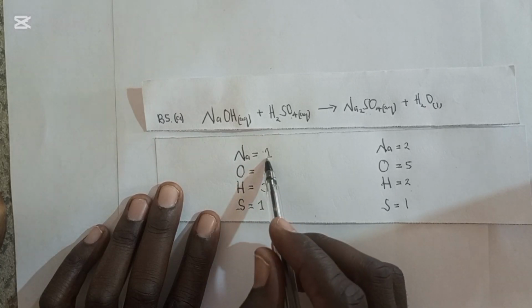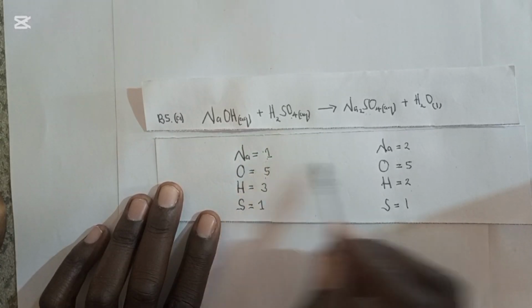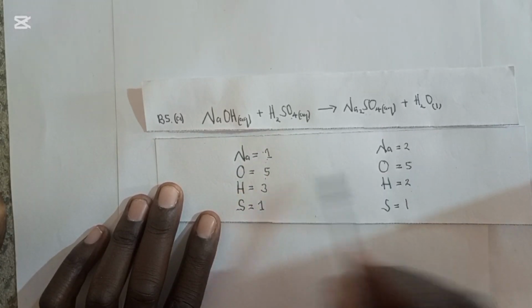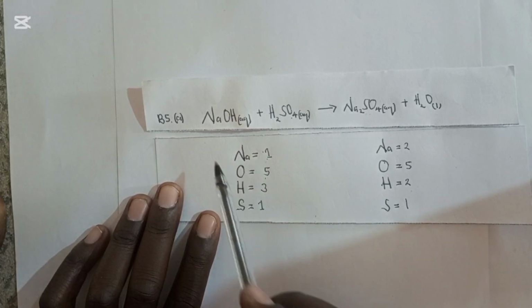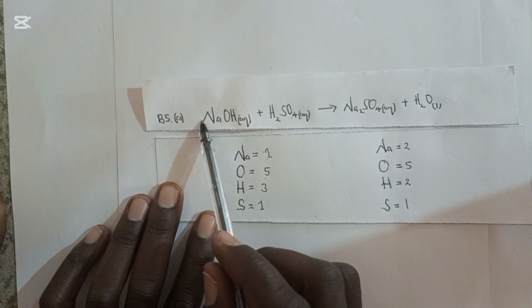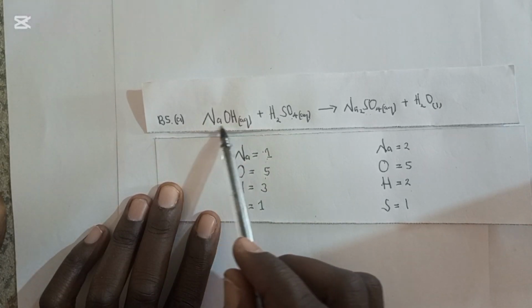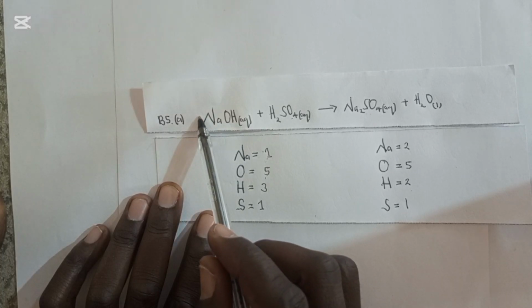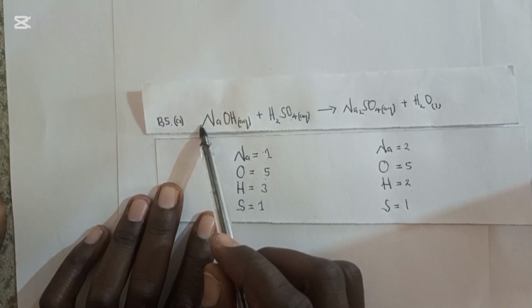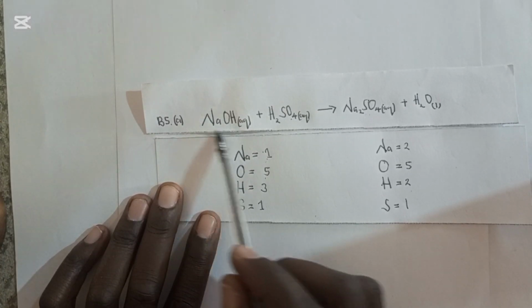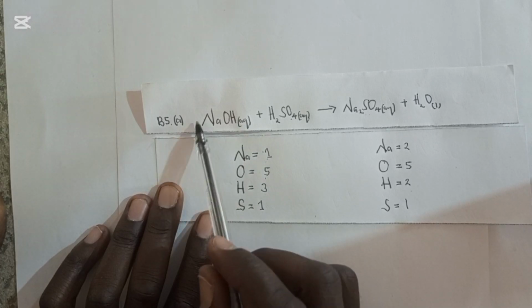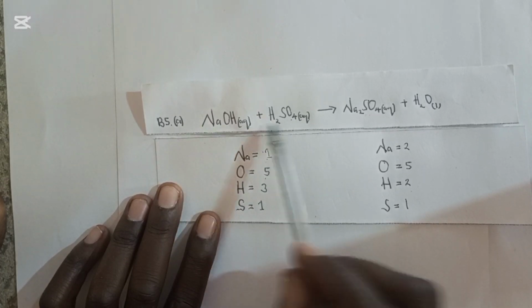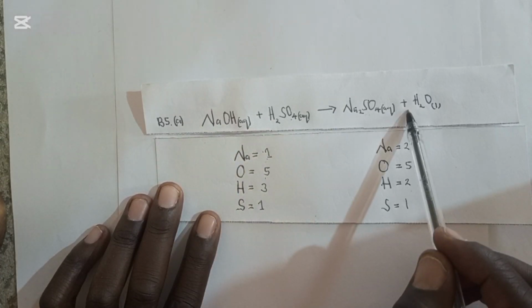So whenever you have a compound like this one, in the front here, we assume that there is a 1 if there is no number. So we have 1 here, 1, 1, 1.